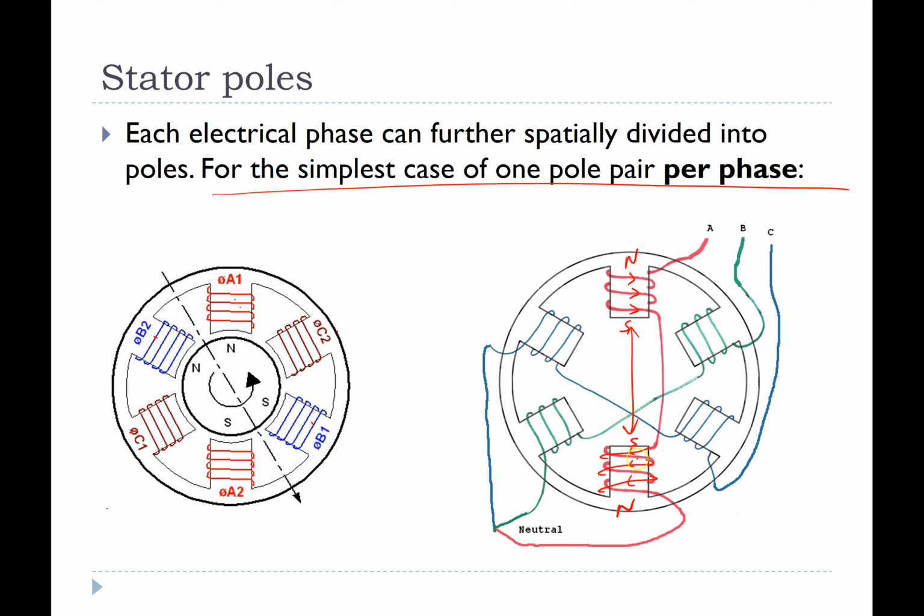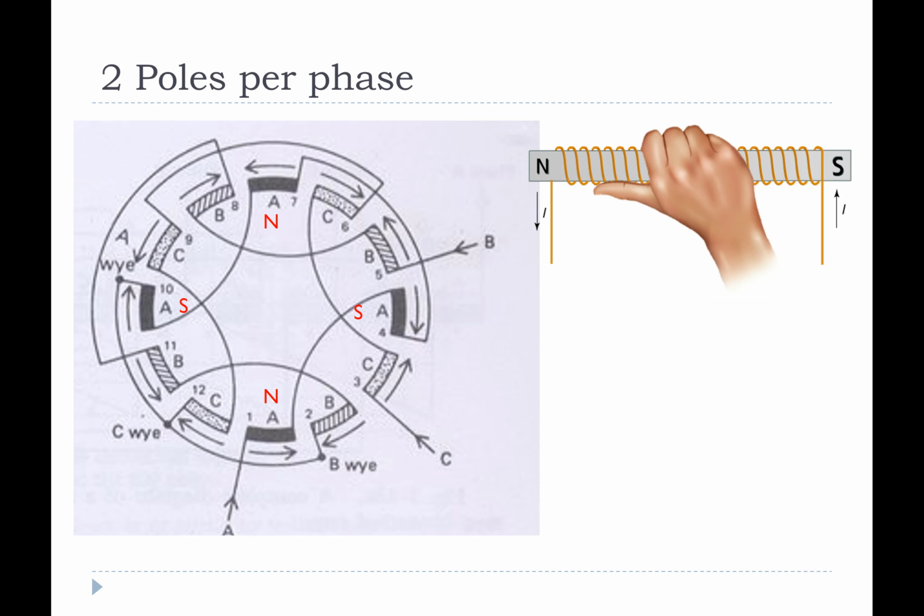We want to have opposite poles on the adjacent windings. So this is for the simplest case of one pole pair, and I said opposite poles on the adjacent poles for the phase, and I purposefully did not say on the opposite poles, as you will see when we look at 2 poles per phase.